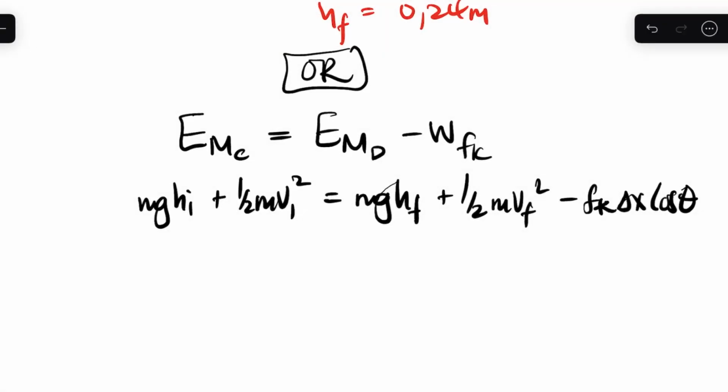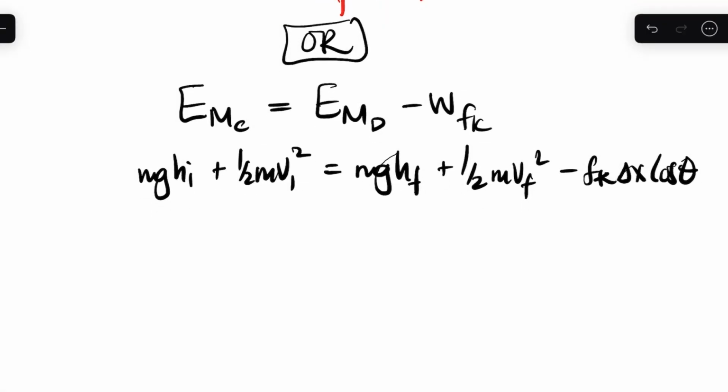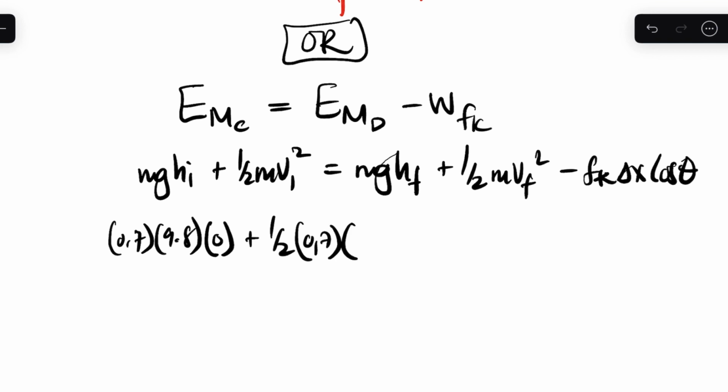Okay, now let's substitute. When we substitute the mass, it's 0.7 in combination, times 9.8, height initial. It started at the bottom, so it's going to be 0. And then the mass is 0.7, and the initial velocity is 2.25 squared, equal to the mass 0.7 times 9.8, and then the height final is the one that we want.